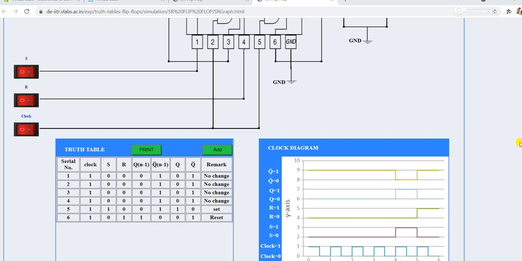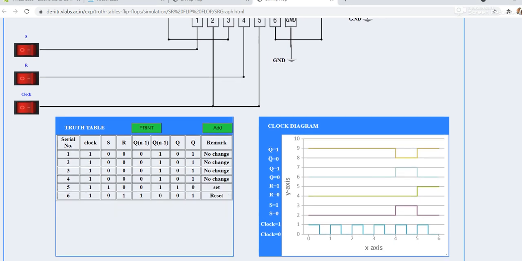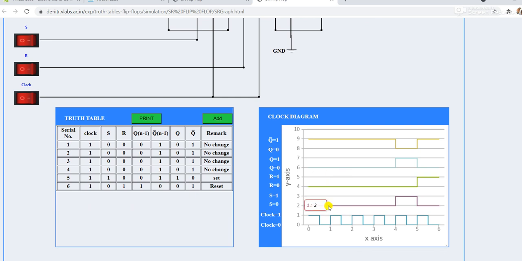The same thing for S equal to 0 and R equal to 1. For this one, with S equal to 0 and R equal to 1, we can see the values of our outputs.